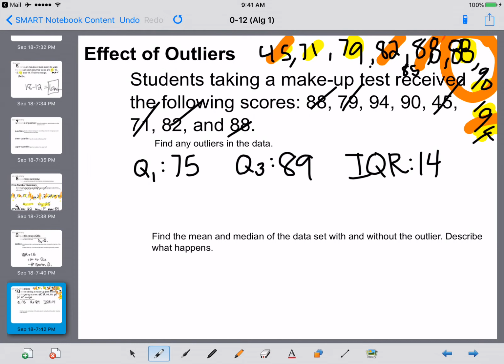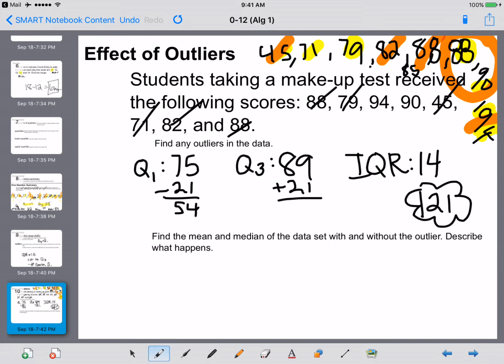To figure out if we have an outlier, we need to take that 14 times 1.5 to get us 21. We're going to take this 21 minus our quartile 1 and plus our quartile 3. So 75 minus 21 gets us 54. 89 plus 21 gets us 110.